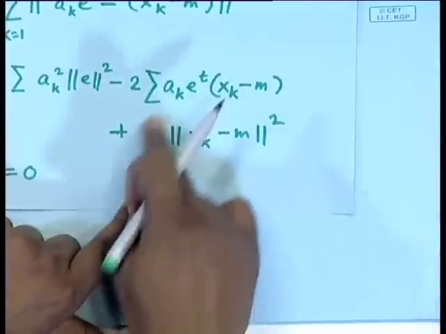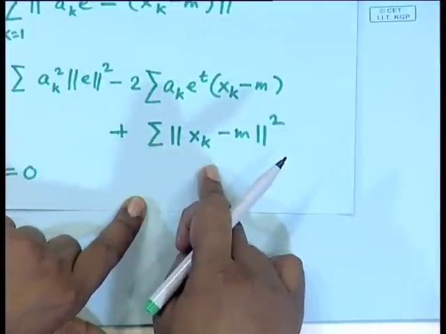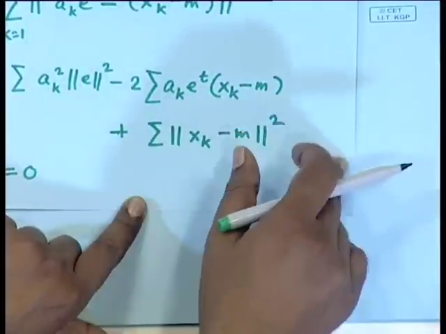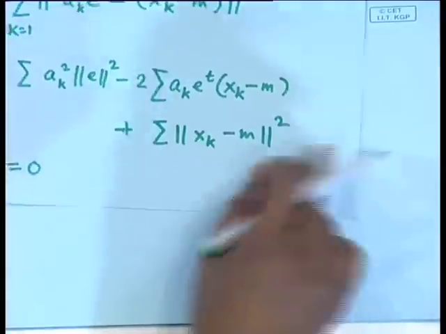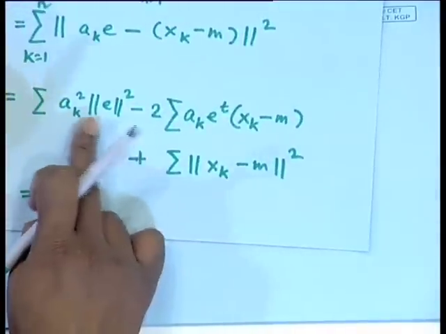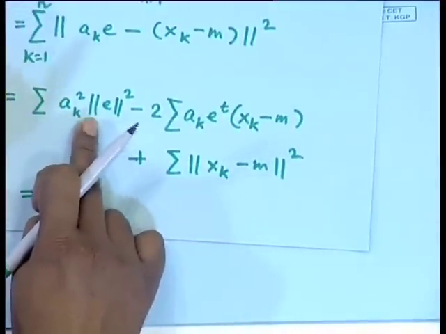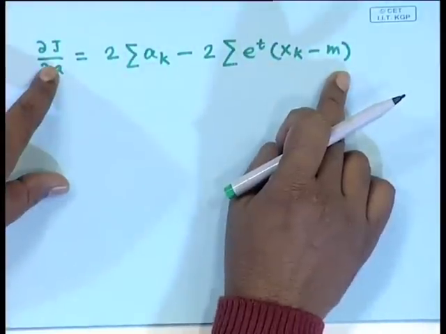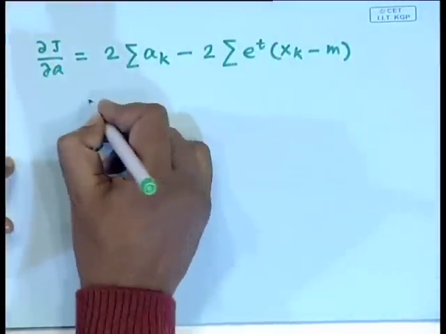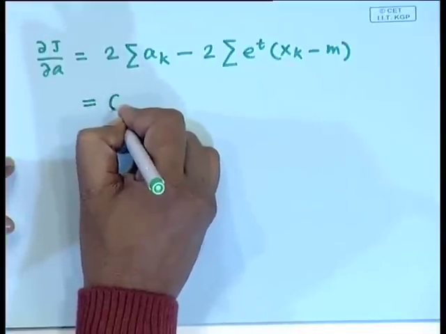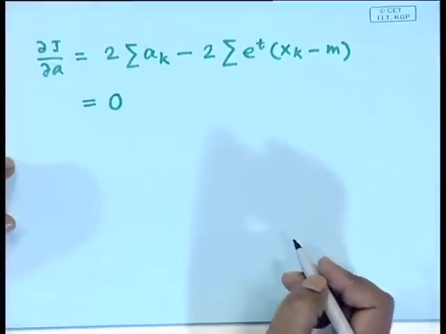This term is independent of a, so differentiating it with respect to a, it becomes 0. After differentiating, making use of the fact that the modulus of E is equal to 1, I get this output, and I have to equate this to 0 for minimization.